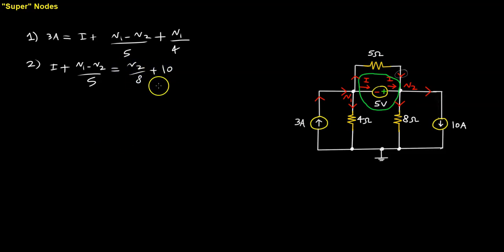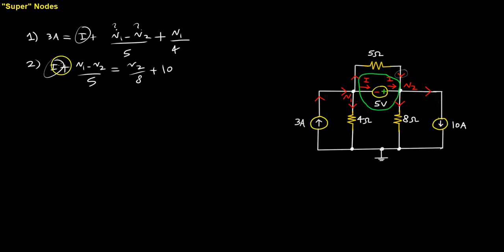And so we know we have 2 equations and 3 variables here that we care to find. In this case, V1 and V2, we do not know what they are, and also we have I. So we have 3 variables total and 2 equations.